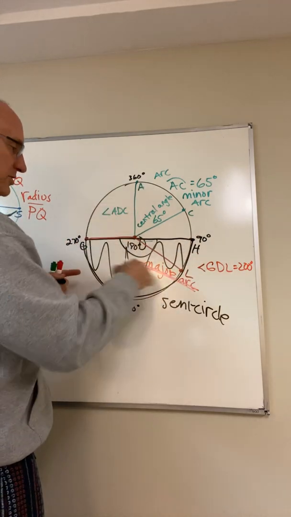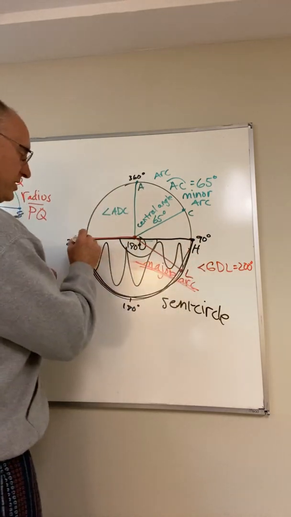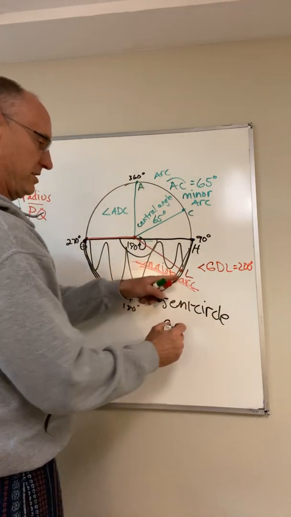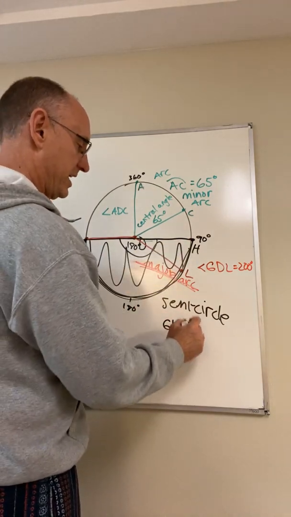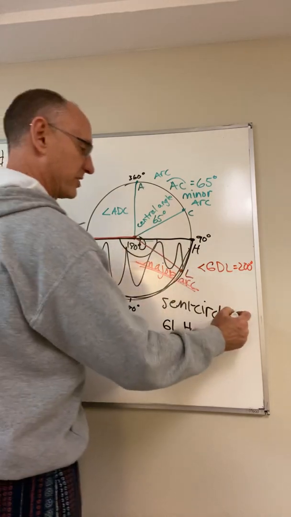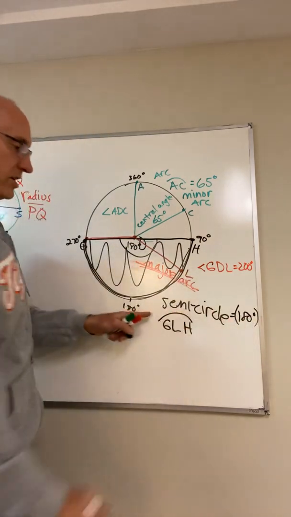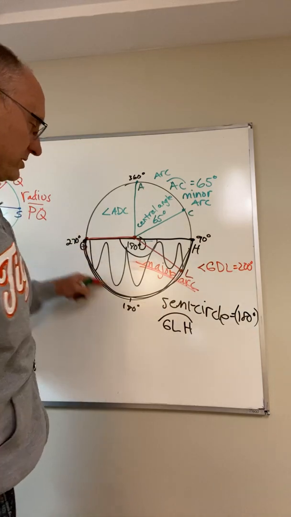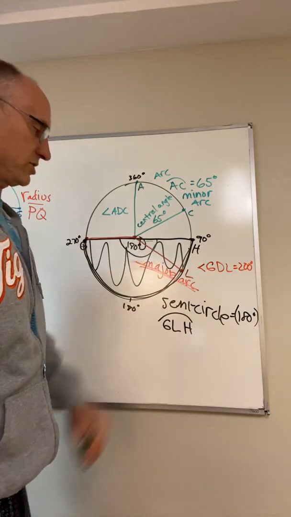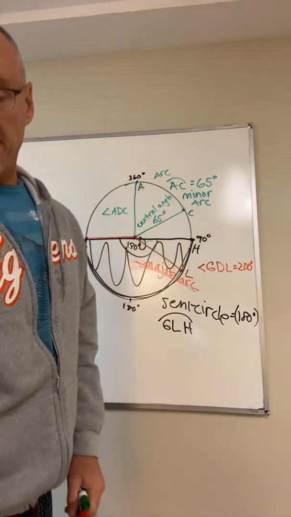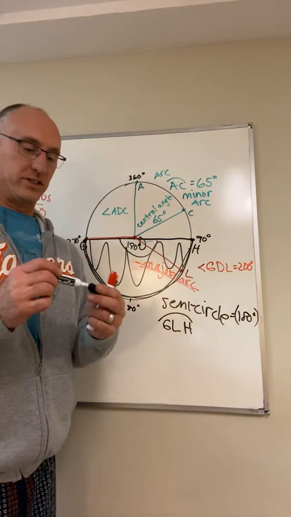Granted, it's 2 semicircles, but we'll just talk about this one. So we got G, L, H, because it's got to be 180 degrees. 180 degrees for a semicircle. You'd put an arc sign over it like that. So this is the semicircle GLH. And I think that's enough for today.